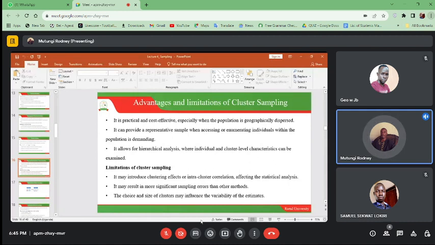Then it allows also for hierarchical analysis where individual and cluster level characteristics can be examined. It is almost the same as stratified.